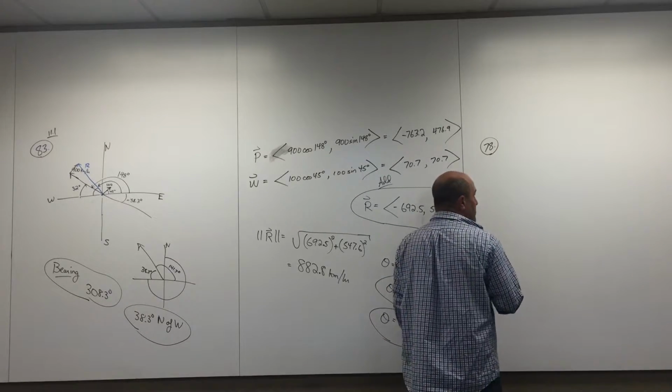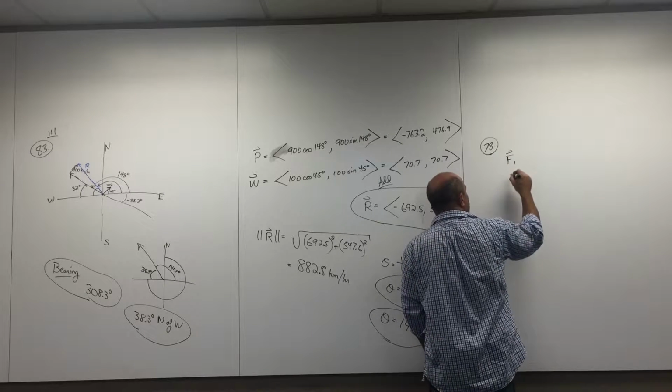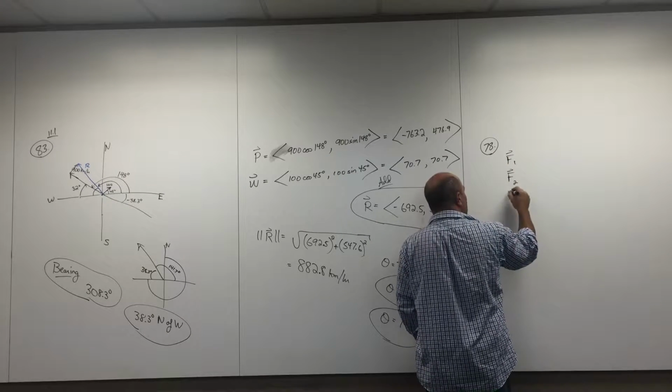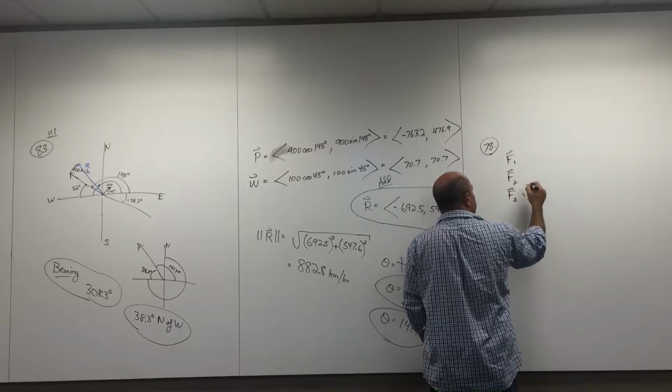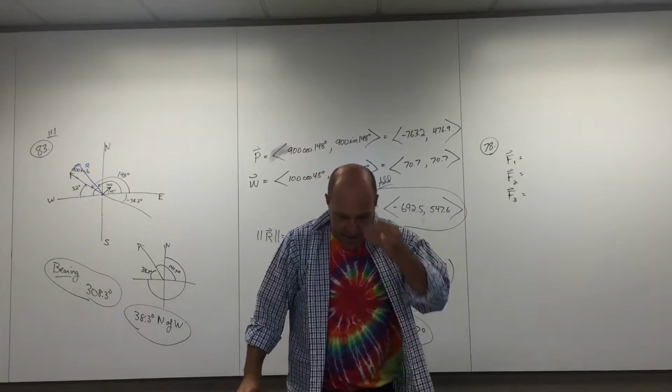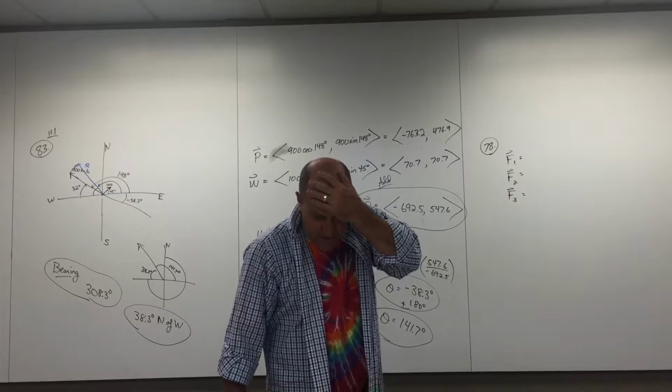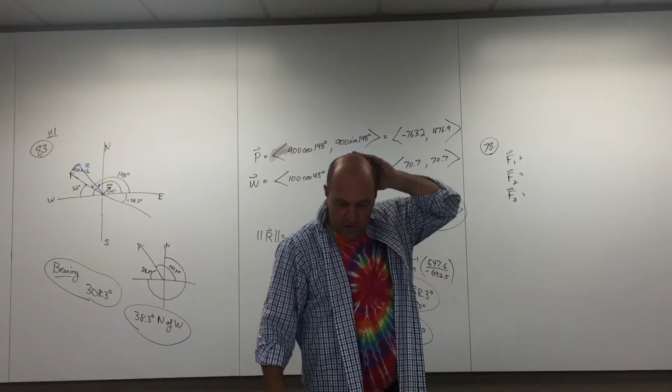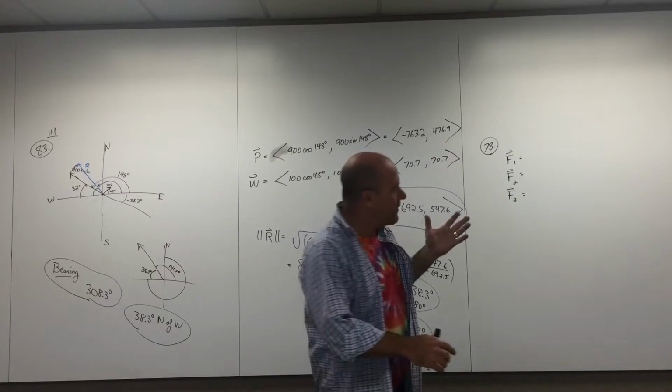I got these three forces. I'm going to call it force 1, force 2, and force 3. And they gave me a magnitude for each force. They said 3 forces with magnitudes of 400, 280, and 350. All right, hold on.